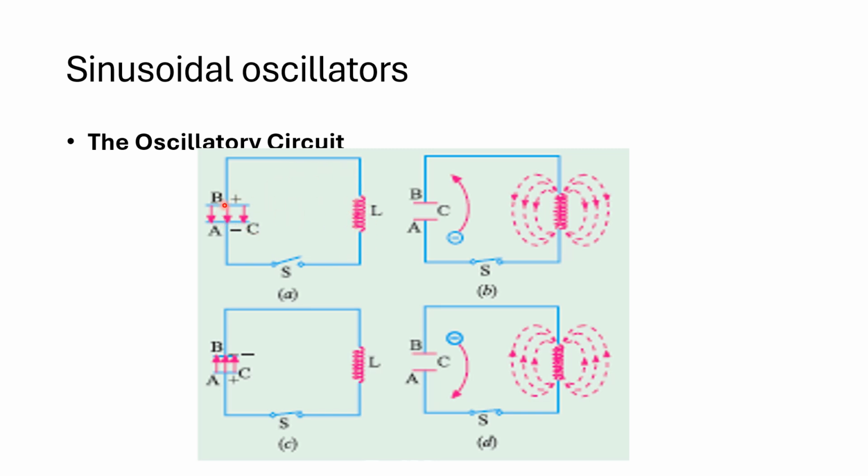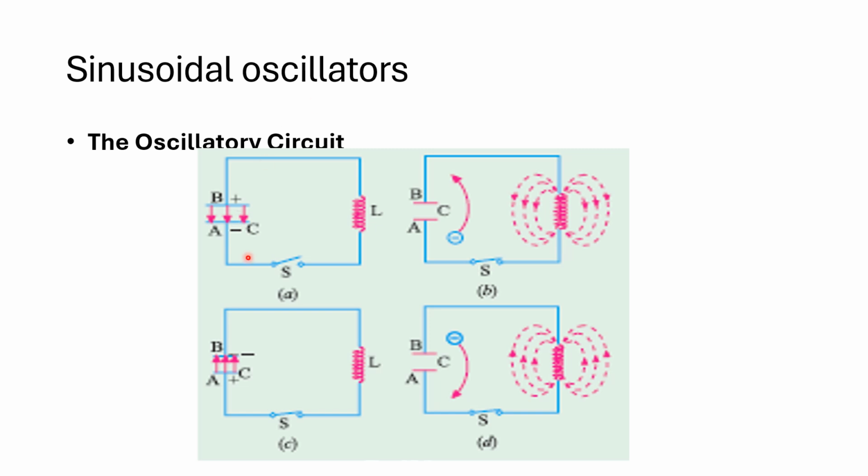These two elements are both capable of storing energy. Our capacitor stores energy in its electric field when there is a potential difference across its two plates, while the inductor or coil stores energy in its magnetic field whenever current flows through it.